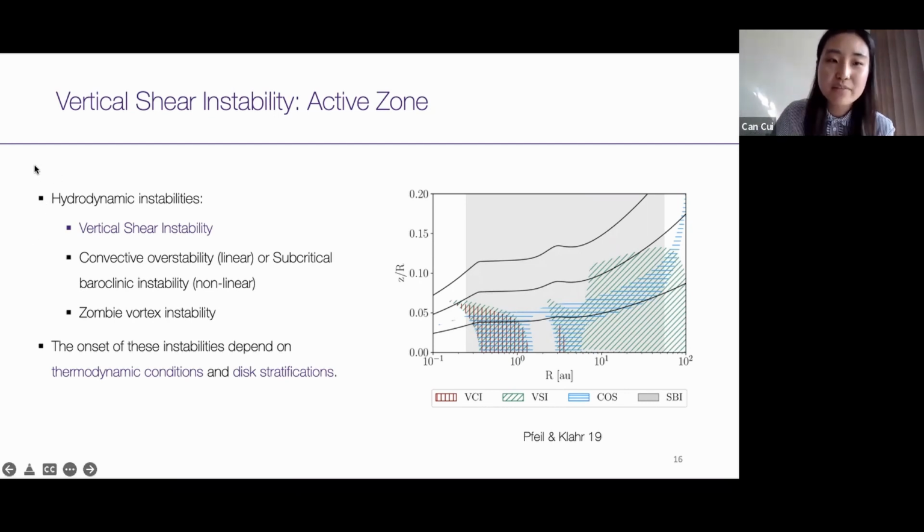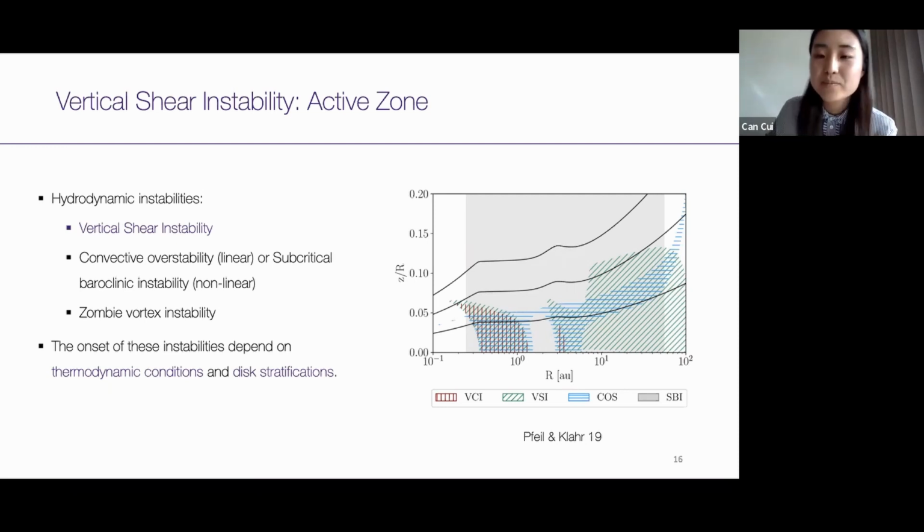Just for your information, it's not just the VSI, there are other hydrodynamic instabilities, such as convective instability, the subcritical baroclinic instability, and also the zombie vortex instability, etc.